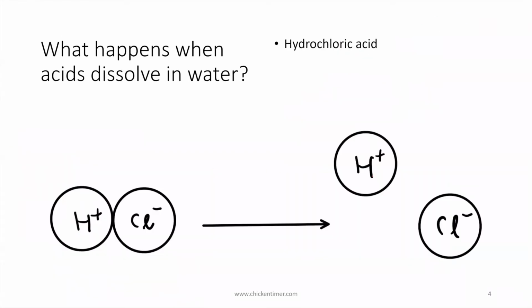So, a more detailed explanation down here. You have the hydrogen chloride or the hydrochloric acid molecule. When you dissolve it in water, these two will break up and go their separate ways.